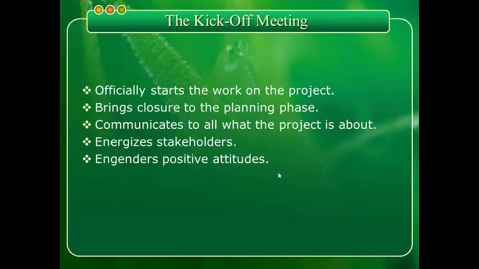Stakeholders are very important because they are the ones who will greatly benefit from the project. And the last one is engender positive attitude. We should apply positive attitude on our planning, implementing, and finishing of our project.